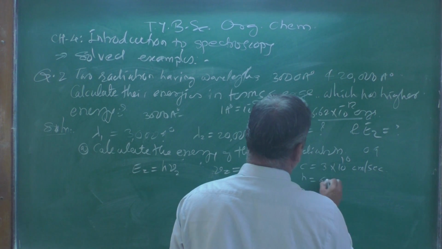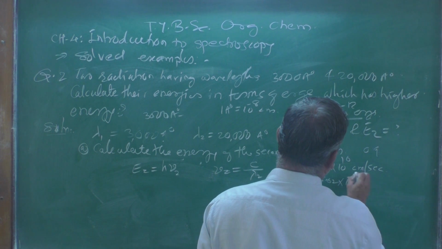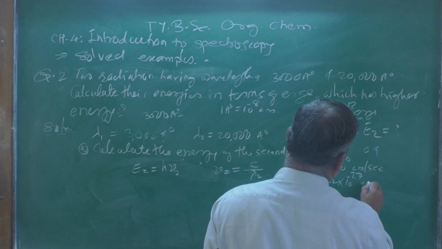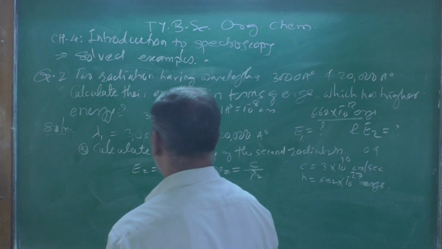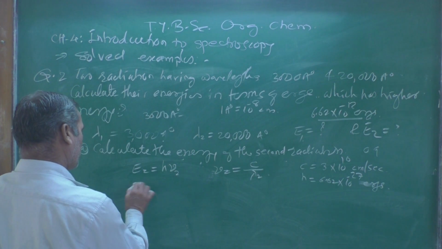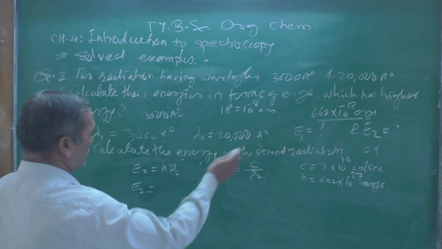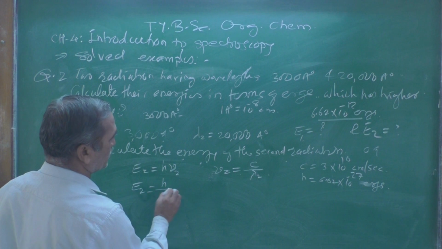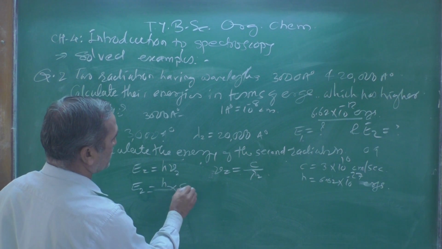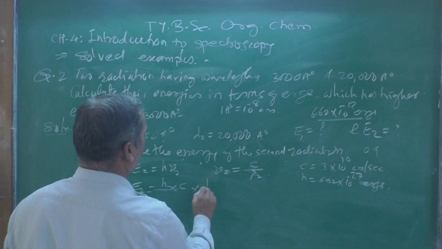H is given as 6.62 into 10 raised to minus 27 ergs. Therefore, substitute the value into this equation: E equals h into c into 1 upon lambda.